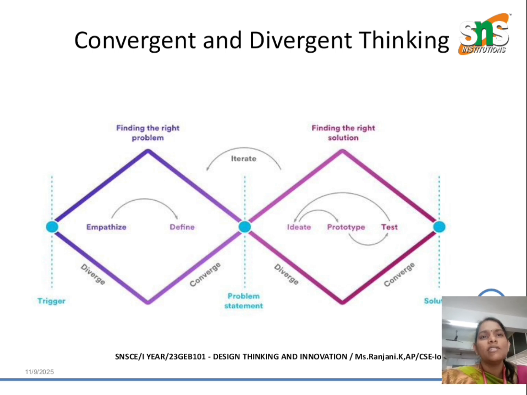Let us see in detail about convergent and divergent thinking. During the empathy phase, the designer uses both divergent thinking and convergent thinking. Based on this diagram, divergent thinking is expanding the possibilities, and convergent thinking is narrowing down.